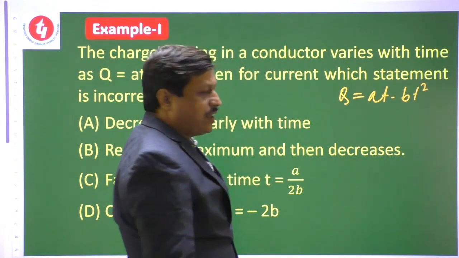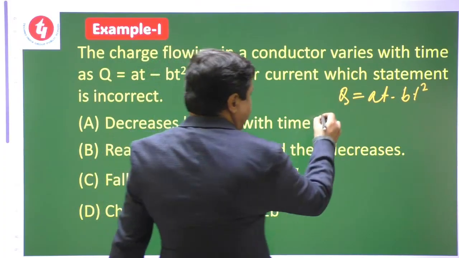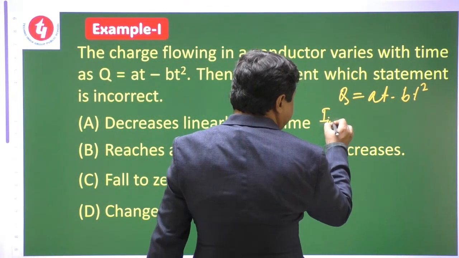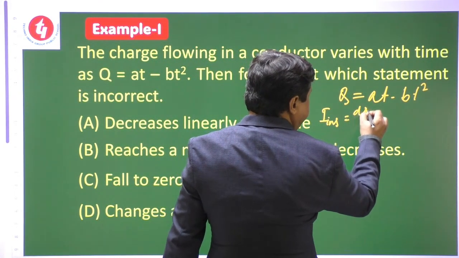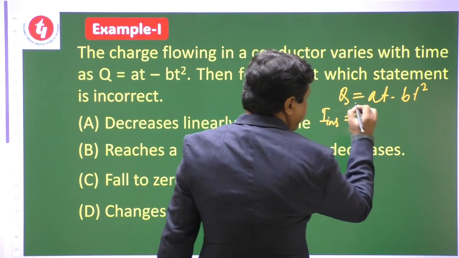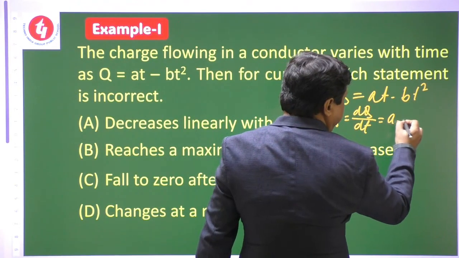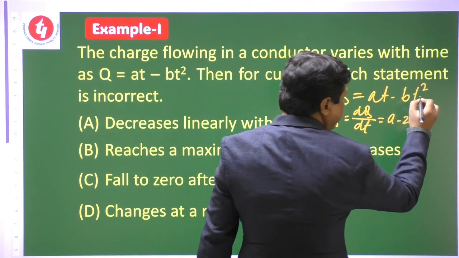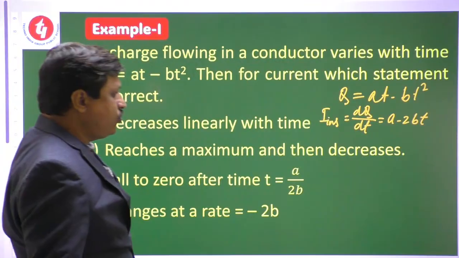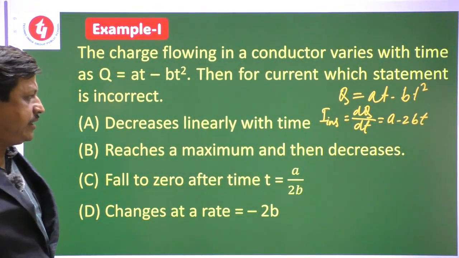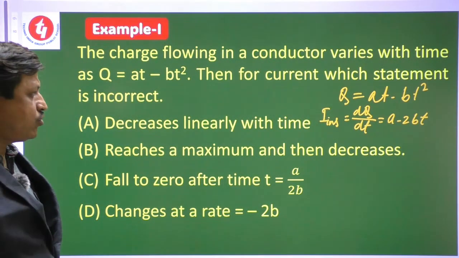If you find the current, you know that instantaneous current is dq/dt, which is obviously a - 2bt. That is the instantaneous current.